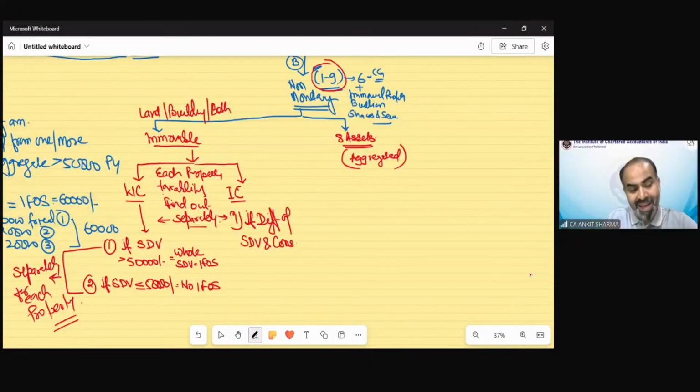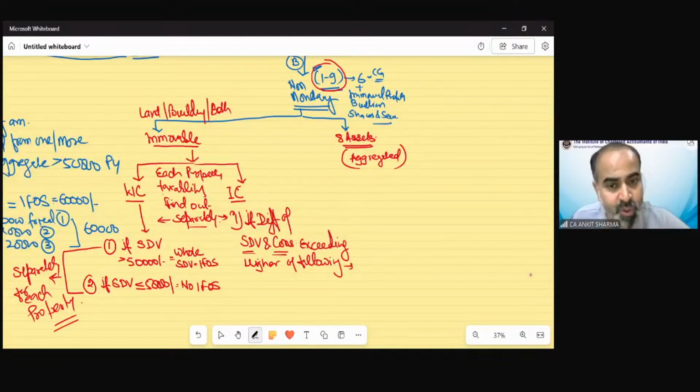So if there is some consideration that we are paying, and the difference of stamp duty value and consideration exceeds the higher of following, then that will be income from other source.